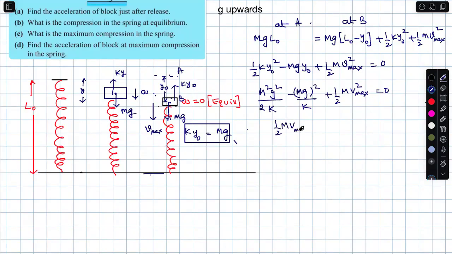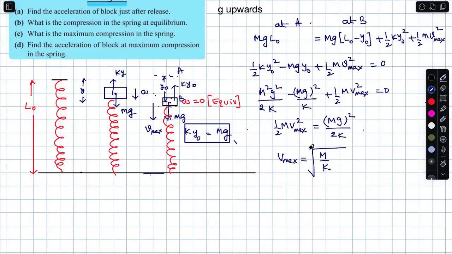Half m v maximum square is equal to m square g square by 2k. So this is equal to, what is this going to be?